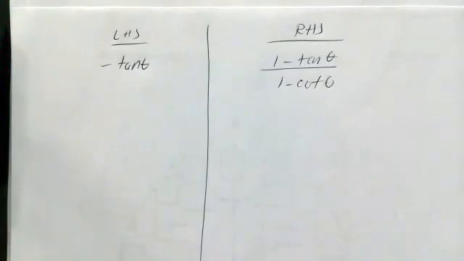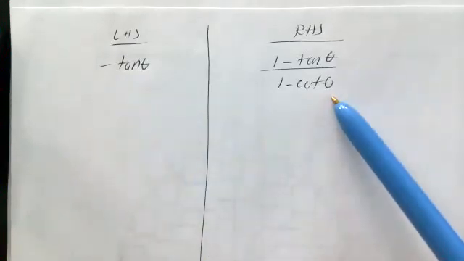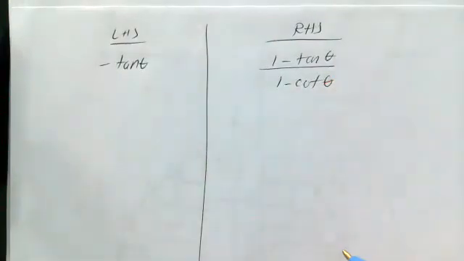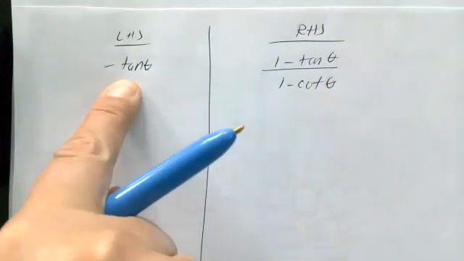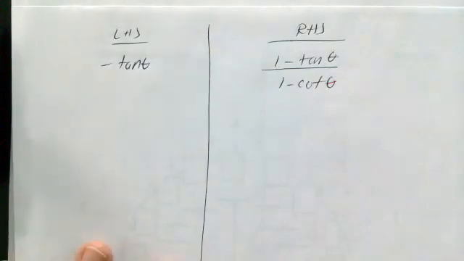But if you notice that you have tangent and you have the reciprocal of tangent, there's no point in going there. So you're hoping that if you change cotangent into tangent, then hopefully something will happen and you can simplify it down to this expression, right? That's what I would do. I wouldn't go to sine and cosine unless I really had to. There are 3 different kinds of trig functions.